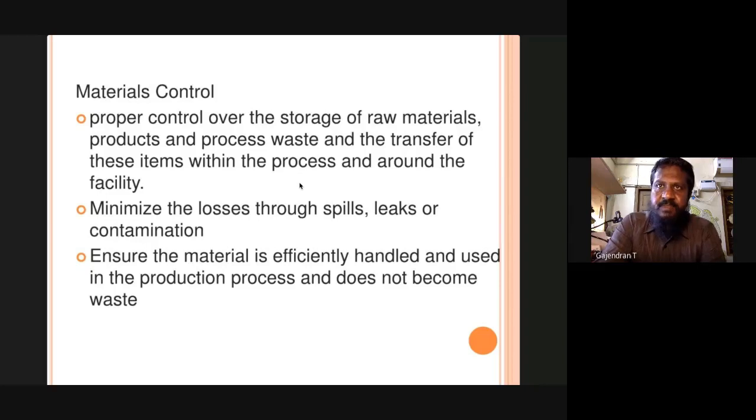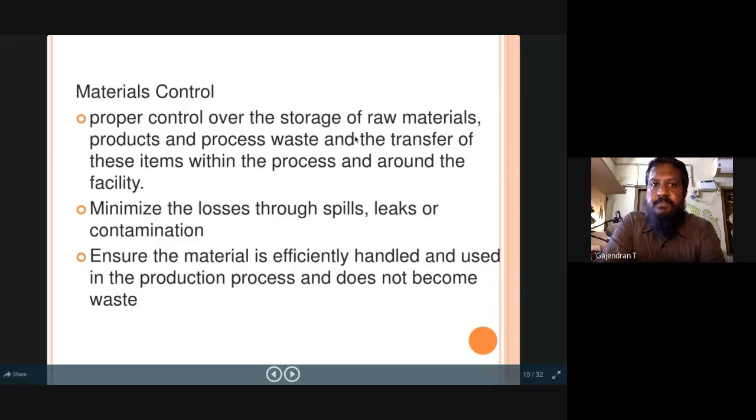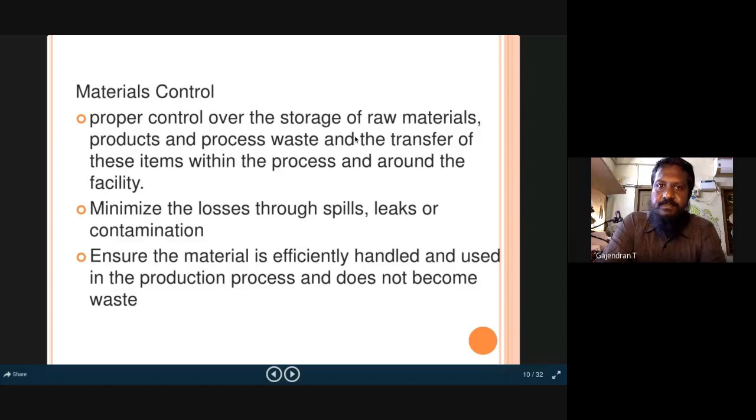What happened is the government stock of grains, which they procure from the farmers, they kept for storage in an outdoor environment. And because of the rains, they didn't have enough time to cover up all the materials. So the grains got soaked in rain and they have all been wasted. This is one example. So there are various ways. So I'd say proper control over storage of raw materials.